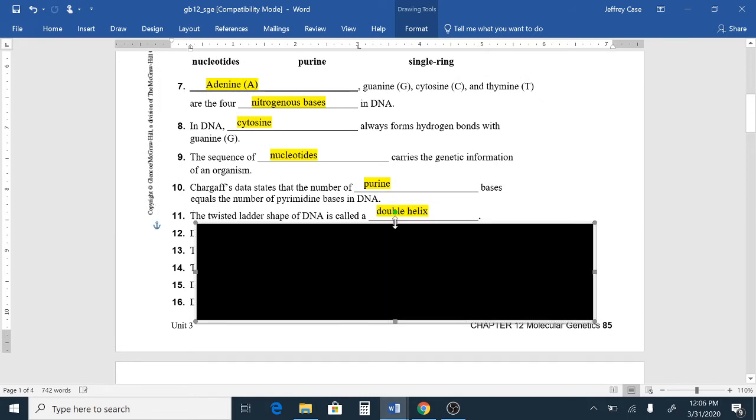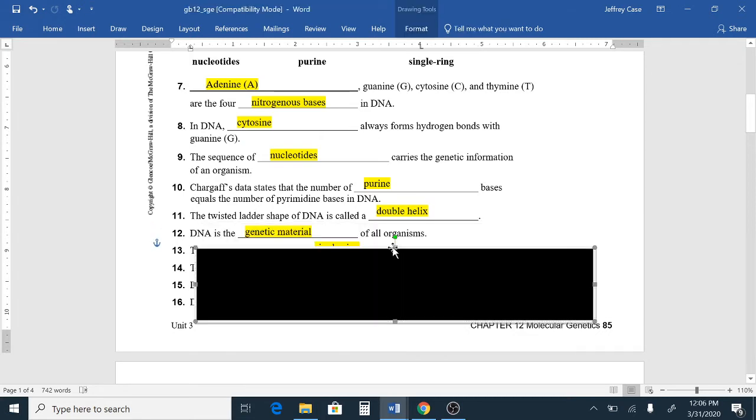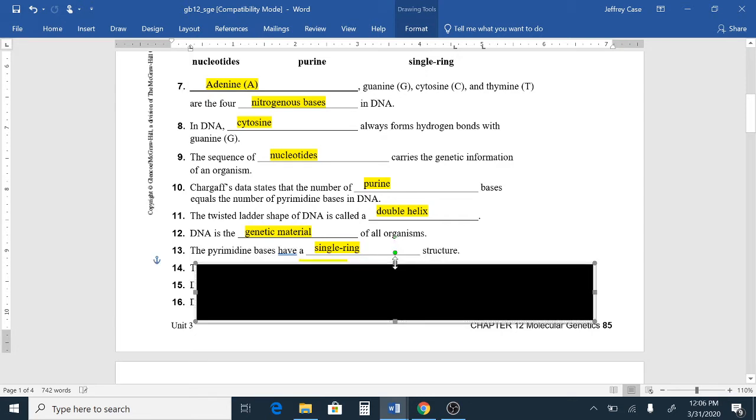Number 11, the twisted ladder shape of DNA is called a double helix. Number 12, DNA is the genetic material of all organisms. Number 13, the pyrimidine bases have a single ring structure, as I was saying before.